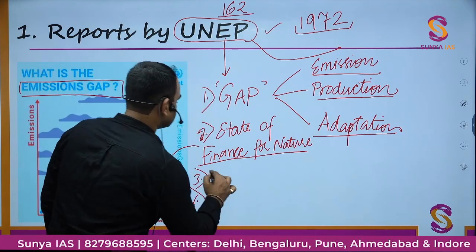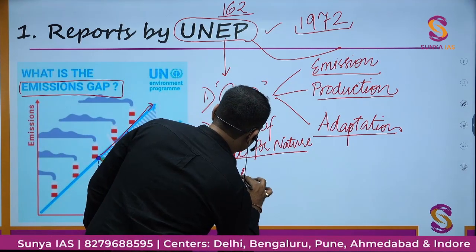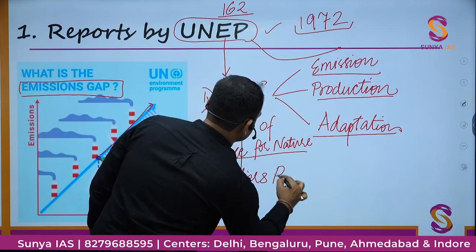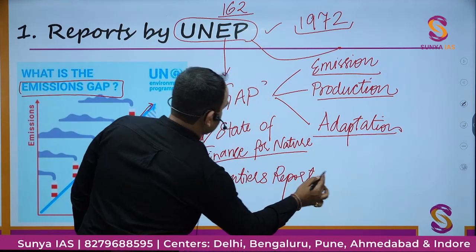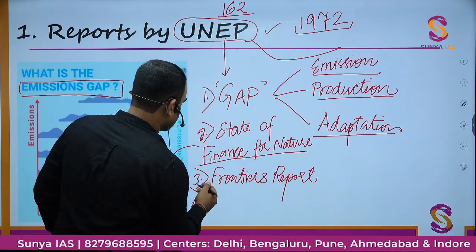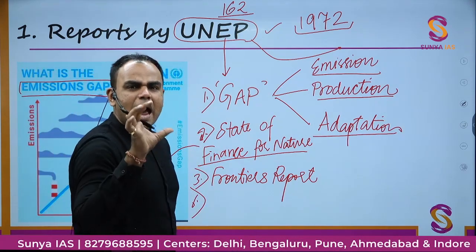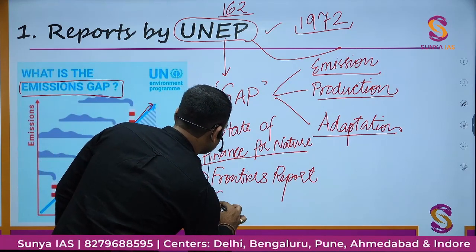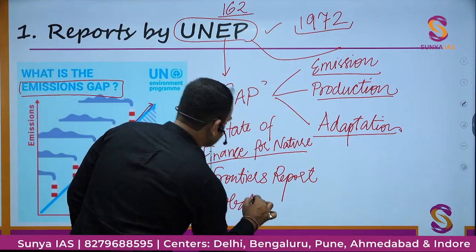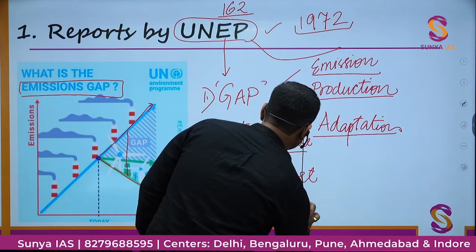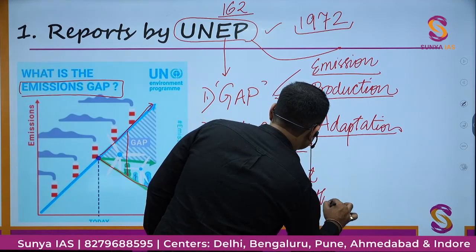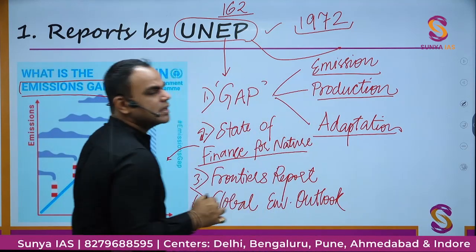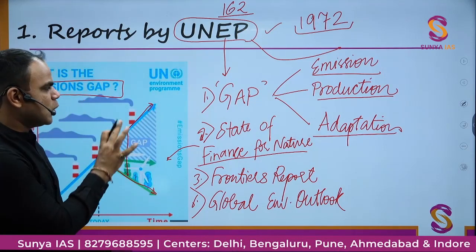Then there is the Frontiers report, again by UN, and in some cases you will find the name Annual Frontiers report, that is by UN. And the last is the Global Environment Outlook, okay. So this is the set of reports by UNEP.